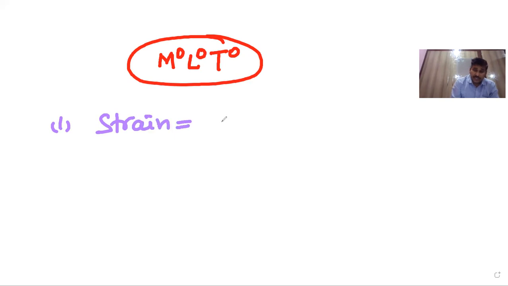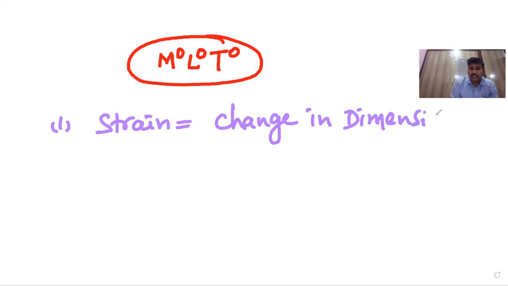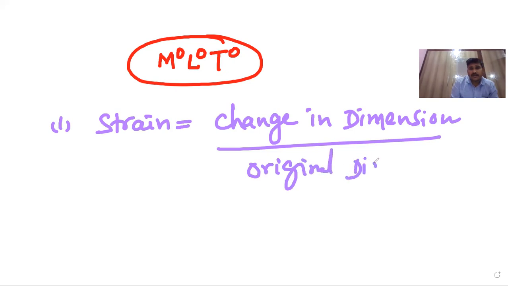Change in length to the original length. Or simply, I can put it as change in dimension to the original dimension. That is a generalization. Whatever the dimension may be, it is the change in length to the original length. That is the strain. Clear?